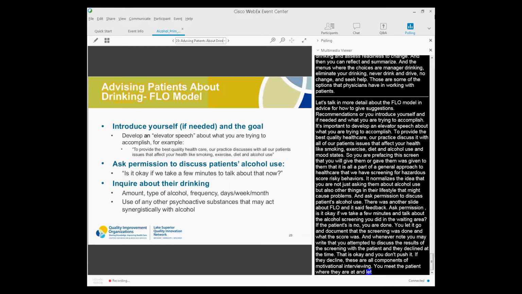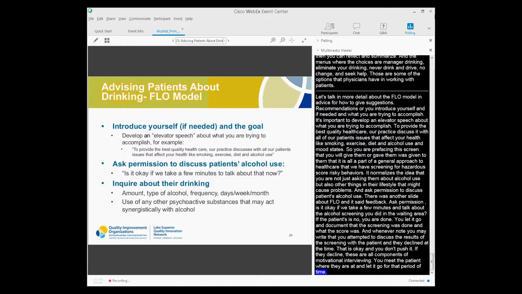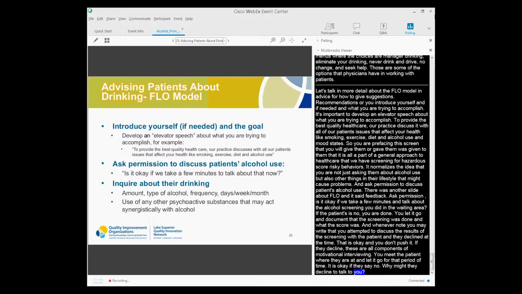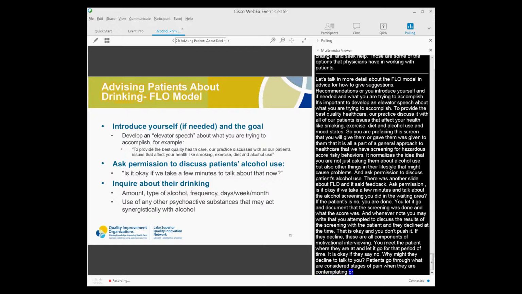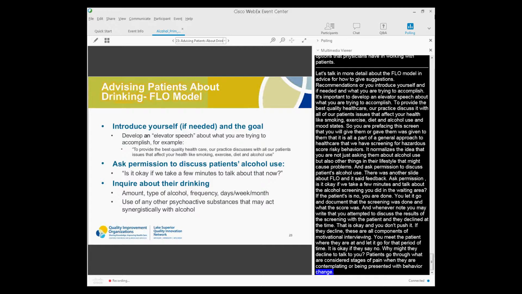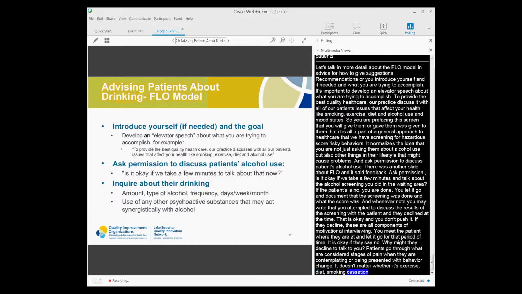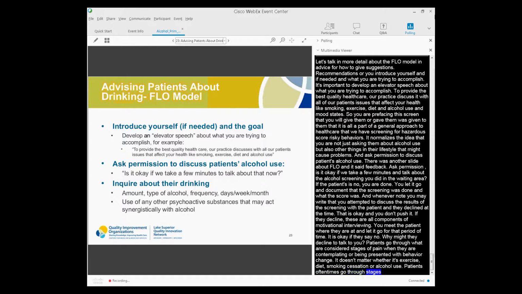Because all patients go through what's considered stages of change when they're contemplating or being presented with behavior change. Doesn't matter whether it's exercise, diet, smoking cessation, alcohol use, patients oftentimes go through stages of change that include pre-contemplation, which is not even considering a behavior change, contemplation, then there's preparation, action, maintenance, and termination.